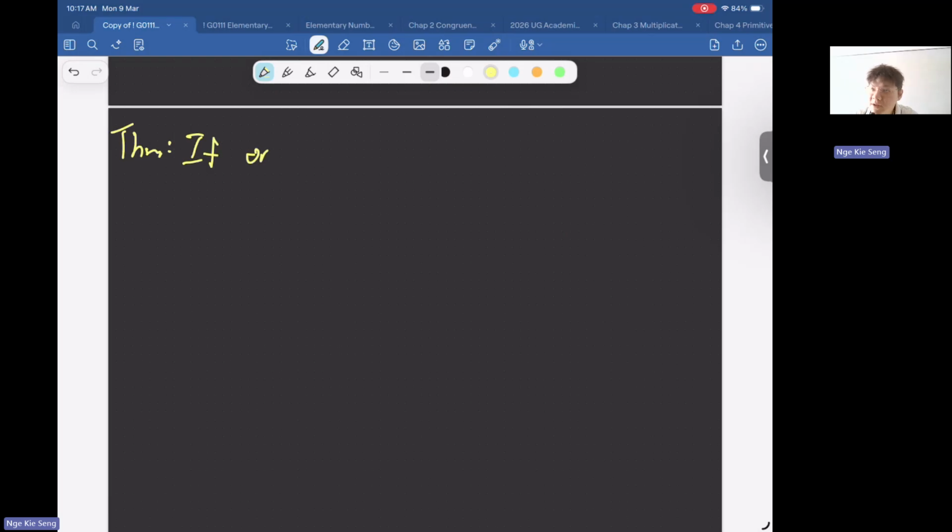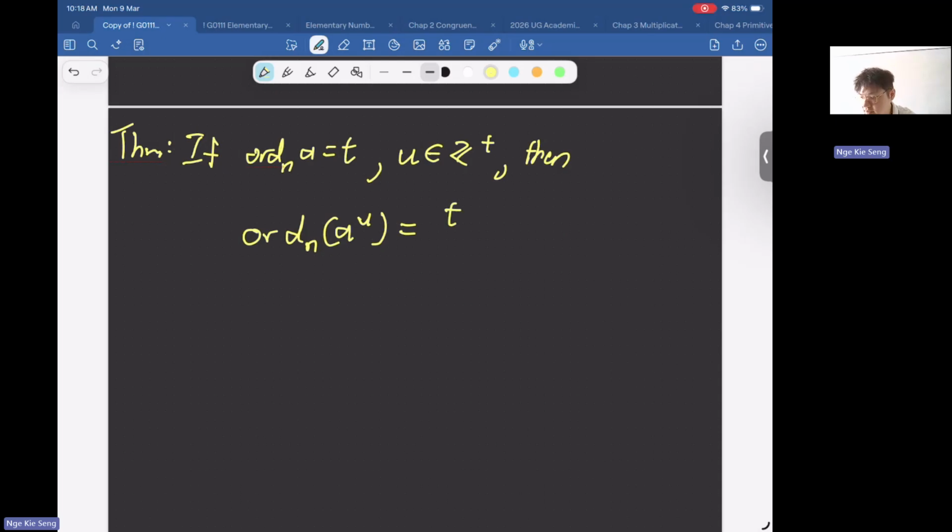If the order of a is t and u is a positive integer, then we can figure out the order of a to the u. It is t over the greatest common divisor of t and u.